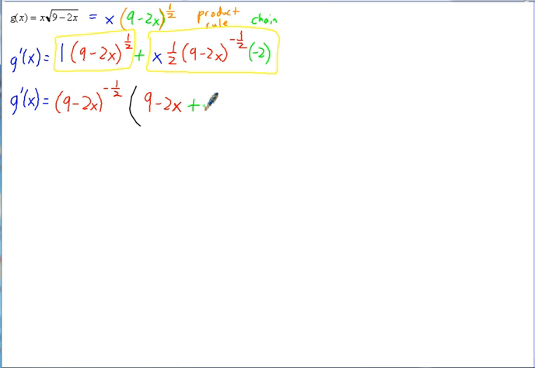Let's see what's left in the second one. The (9 minus 2x) to the negative 1/2, that's gone. And actually, this negative changes that from a plus, it was, to a minus. The 2's reduce out, so those are gone as well, so all that's left is the x.